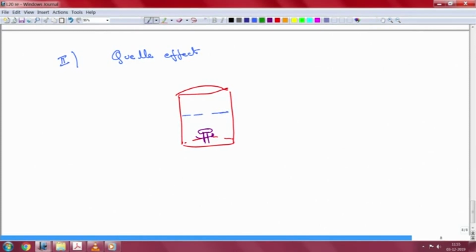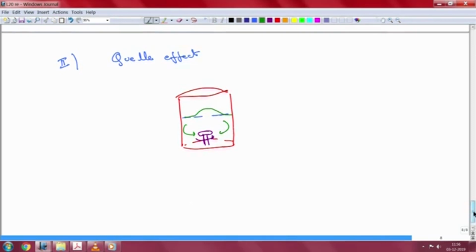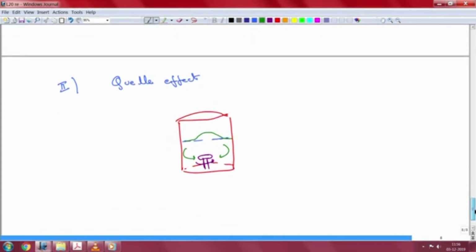Then when you start rotating it, you can start to have a bulge here, because of secondary flows that can occur in this region. This effect is known as the Quelle effect. We do see secondary flows even in our Weissenberg rod climbing effect system. So, we will show you that as well.